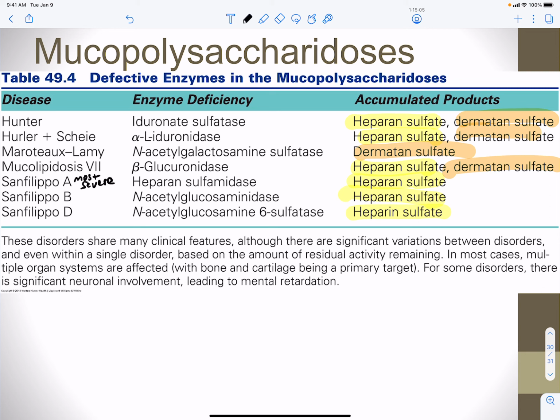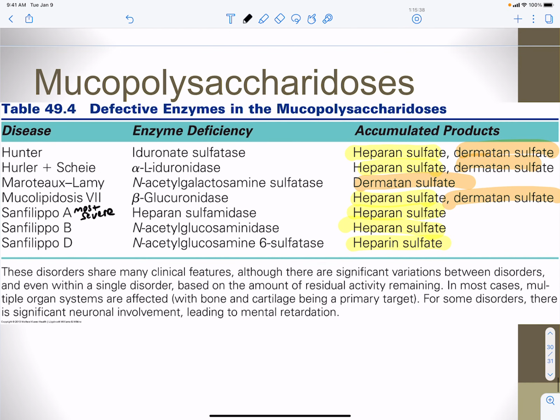And so you're going to have missing or alternative forms of heparan sulfamidase. That's that heparan sulfamidase. And then Sanfilippo B is when you're missing or you do not produce enough of your alpha-N-acetylglucosaminidase. And then D is when you don't produce enough of the 6-sulfatase. But the Sanfilippo A is definitely the most severe of them. And that is the end.